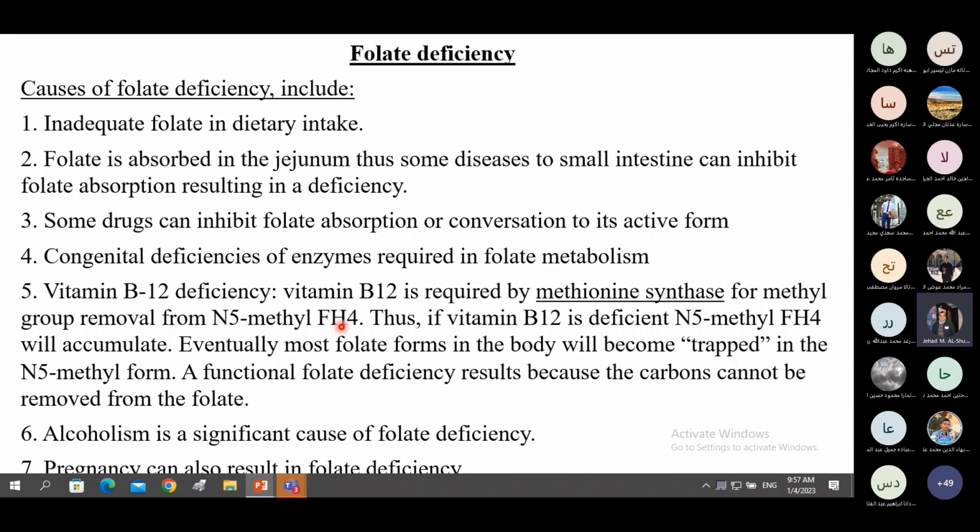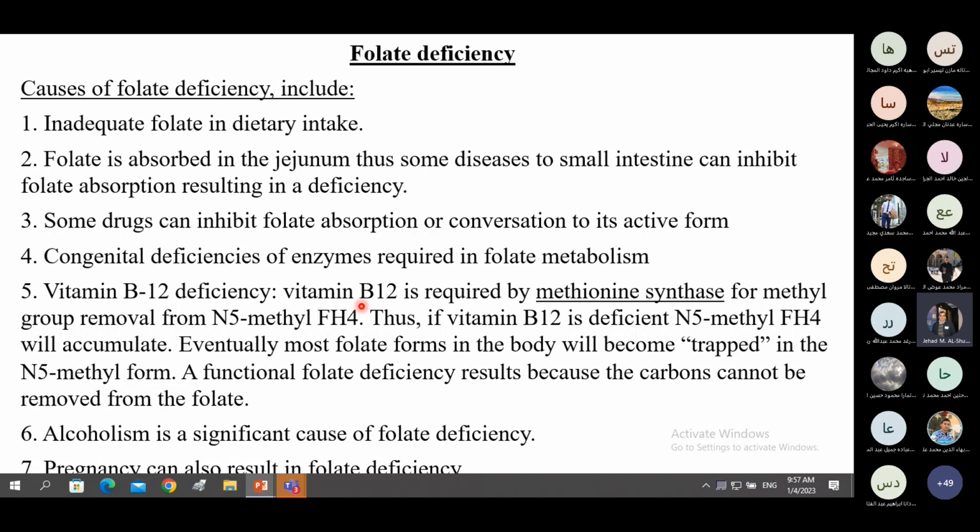It is attached to N5 or N10 or between them. Methionine synthase is specific to remove the methyl group from N5 on FH4, and this enzyme needs B12 for its activity. So methionine synthase requires what? Vitamin B12 for its activity.